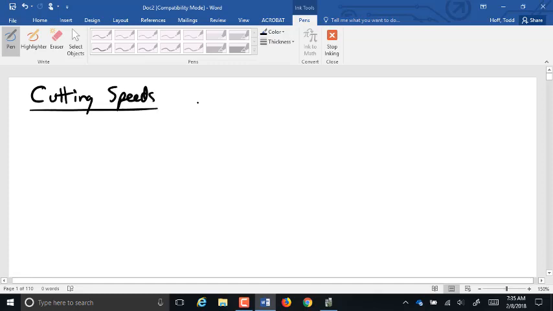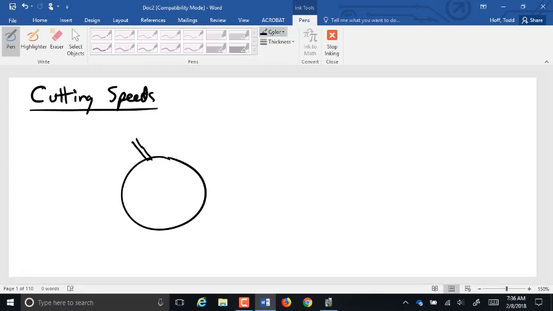So cutting speed is literally, of course, the speed that the tool moves across the surface of the material. If you think of the tool as a car or something moving across, it is that speed that the tool advances across the material. Now, sometimes it is the tool itself that's moving, sometimes it's the material that's moving.